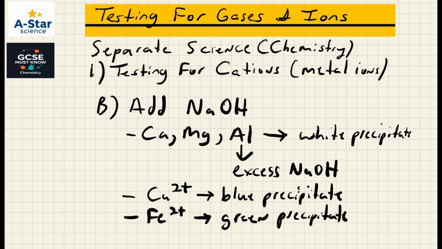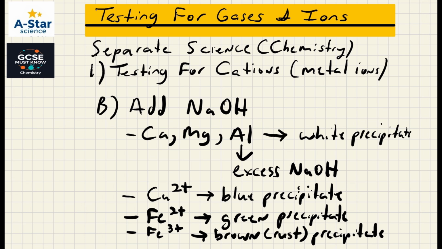Now there are two types of iron ions. Iron 3+ will give a brown sort of rust color precipitate, so brownish orange. And so these are some other tests, additional tests that you can use alongside the flame tests to help distinguish between the different cations.